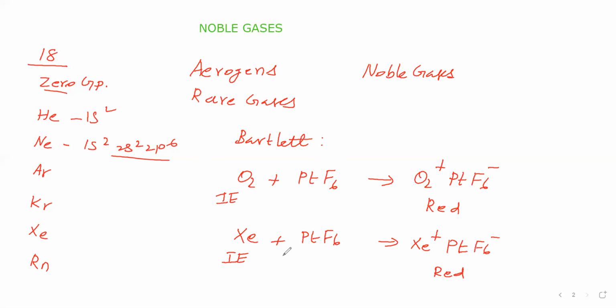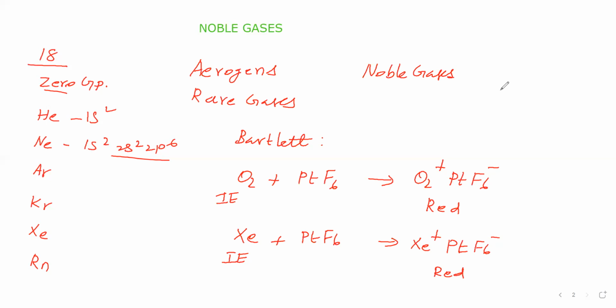After Bartlett's experimental proof, these elements were named noble gases, not inert gases. So the 18th group elements we can call noble gases.